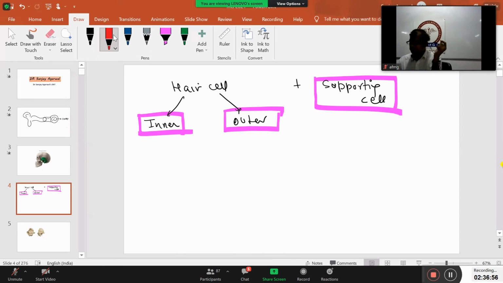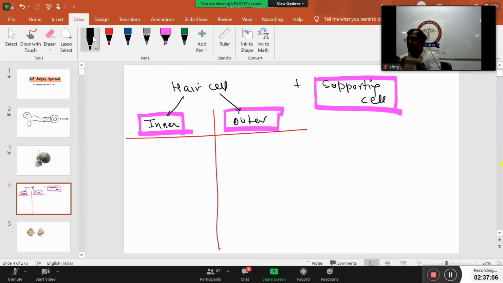There are some differences between this inner hair cell and the outer hair cell of the cochlea. So we make a column like this and discuss the differences between the inner hair cells and the outer hair cells of the cochlea. Let us decide the differences between these two. It's a very, very, very important thing that we are doing now. Actually speaking, there are 7 to 8 differences between the two, but I'll tell you only 4 very important ones.